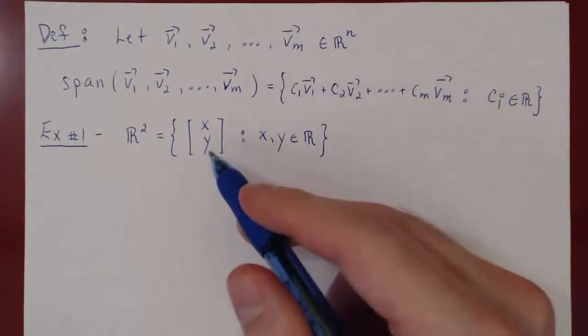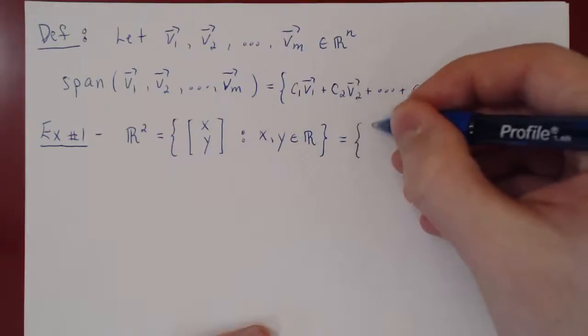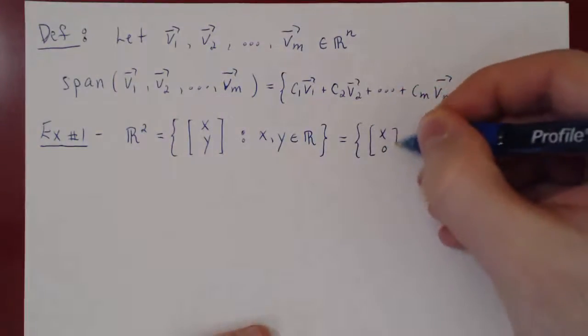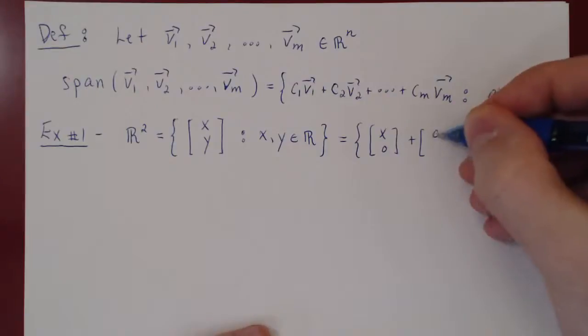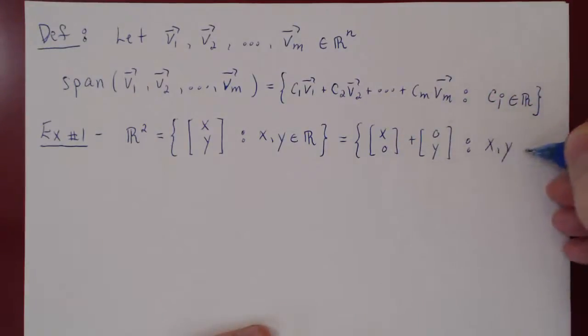Well, let's decompose this vector as a sum of two vectors, right? We can write this as the vector x, 0, plus the vector 0, y, where again, x and y are allowed to range over all real numbers.